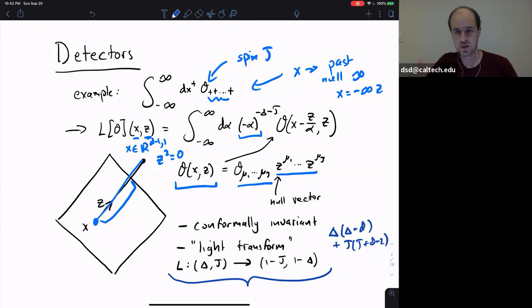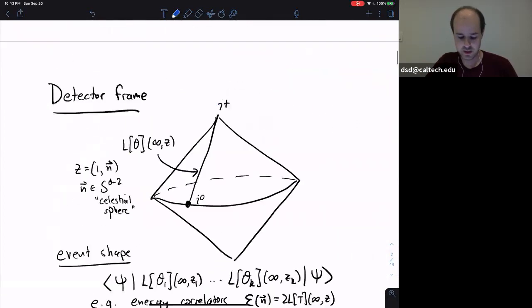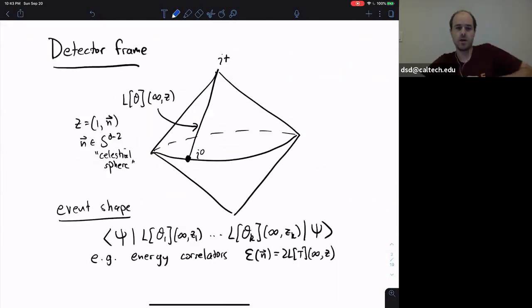Okay, so this is just something you can do with a local operator, and the notion of it as a detector has to do with a conformal collider experiment in the language of Hofman and Maldacena. So the idea is to think about these kinds of observables in a detector frame. This thing here is a poor man's Penrose diagram for Minkowski space.